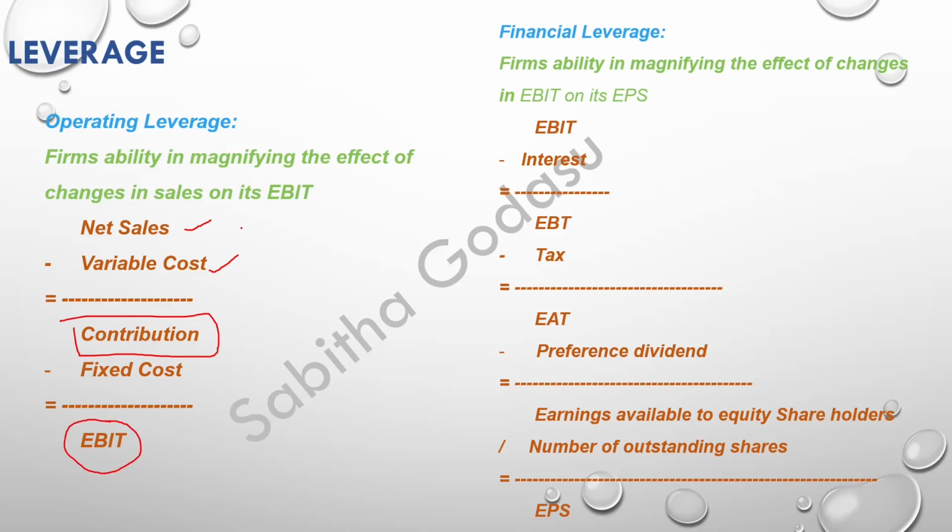This is operating leverage, or you can also call it EBIT analysis. So EBIT analysis means net sales minus variable cost gives you contribution, and contribution minus fixed cost gives you EBIT. Financial leverage we'll discuss in the next part, so let us focus only on operating leverage today.